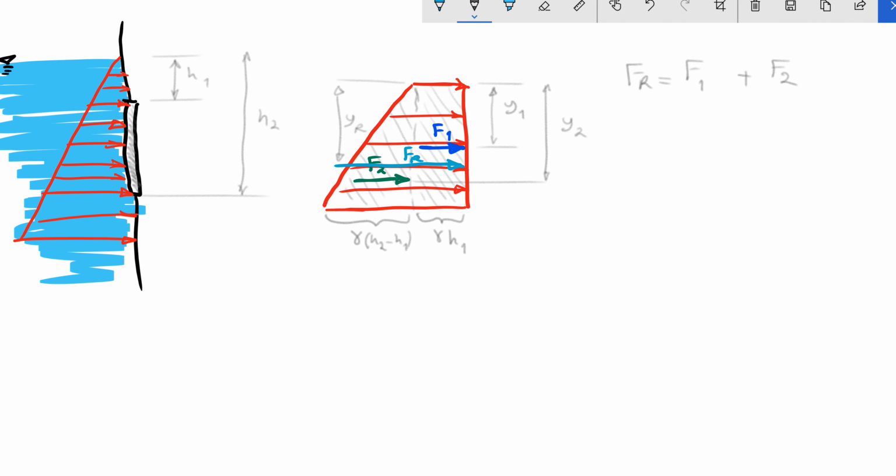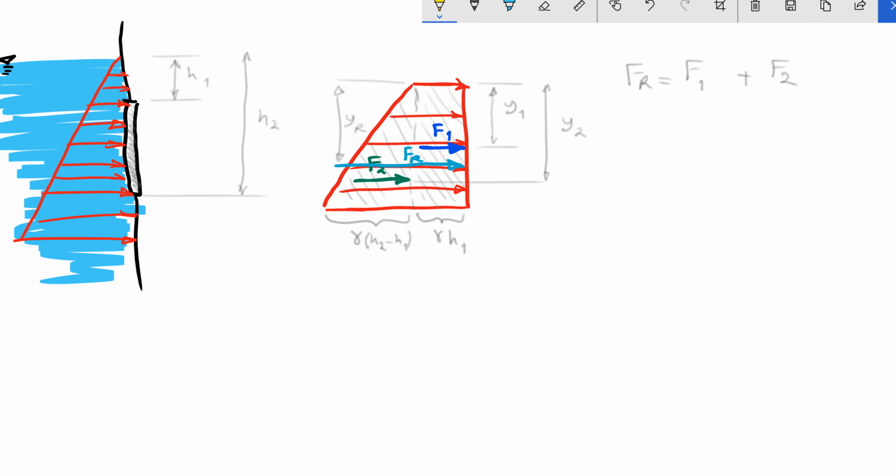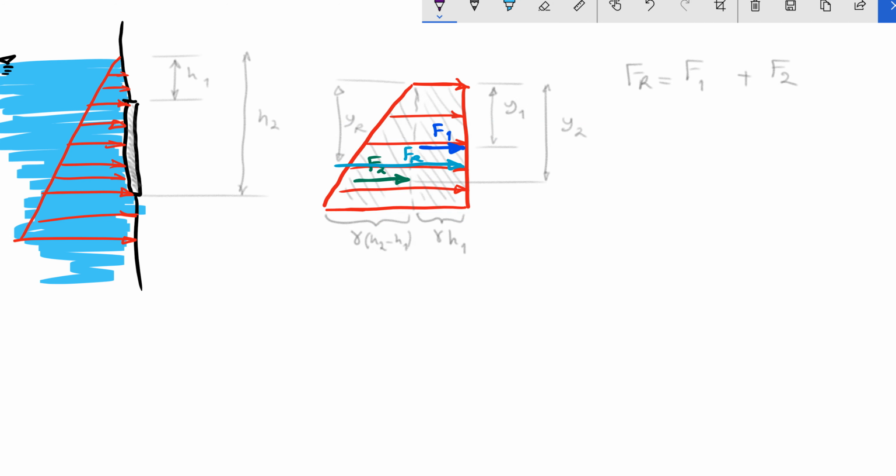To make sure you understand where F1 and F2 are, I'm going to use this color to show you points A, B, C, D, E. So F1 is the force for A, B, D, E. And F2 is B, C, D. Done. So now we have a very good understanding.